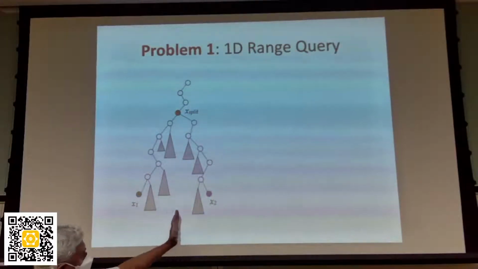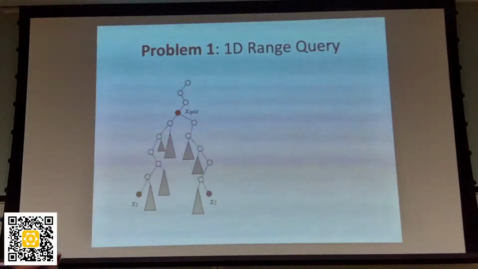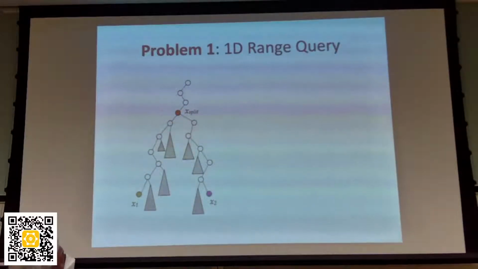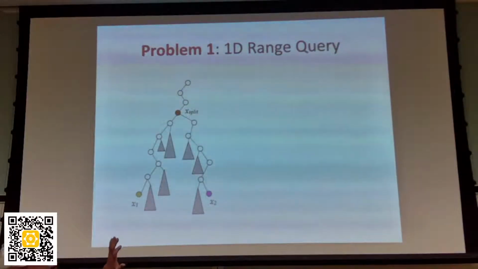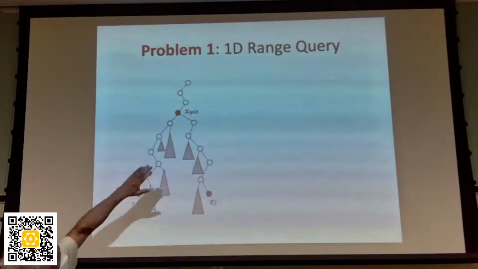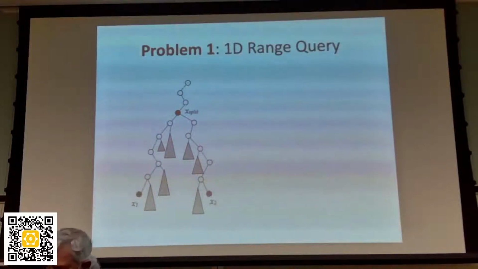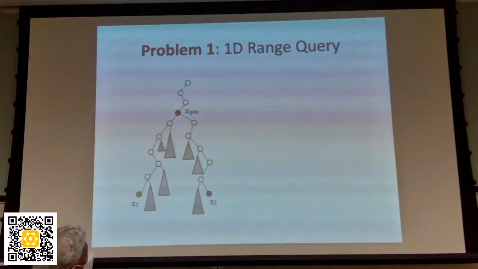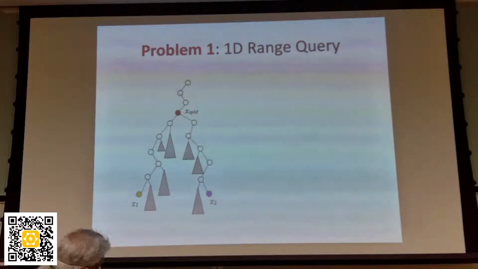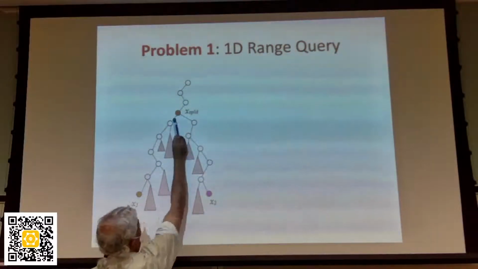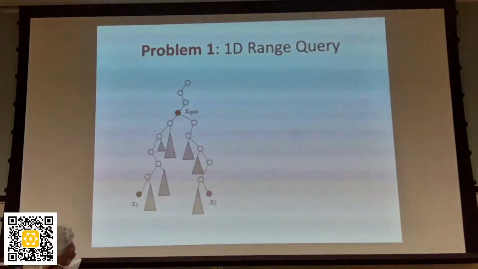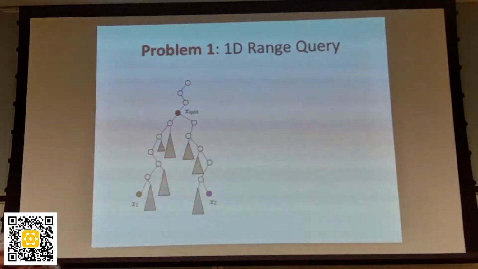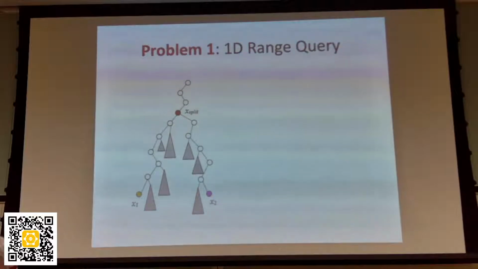And I want to know how many things are between x1 and x2. I haven't drawn the entire tree. It's there. But you're going left, right, somewhere all over the place. And your x split is the last node that has both x1 and x2 within its subtree.